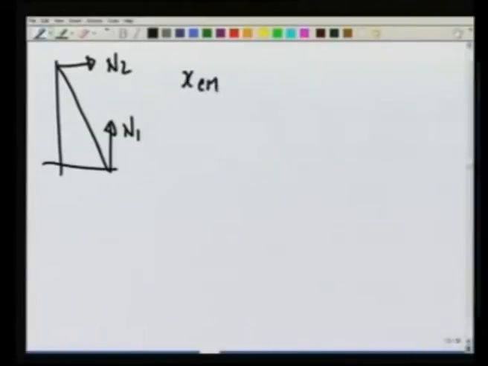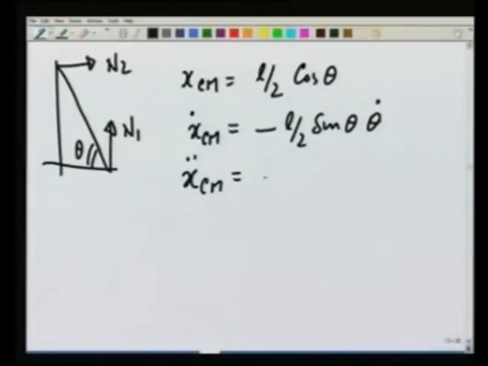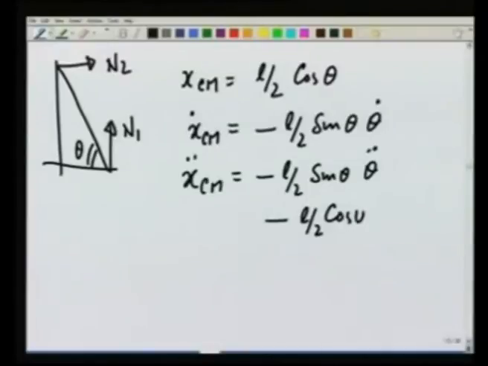X cm is equal to L over 2 cosine of theta, and therefore xcm dot is equal to minus L over 2 sine theta theta dot, and therefore xcm double dot is equal to minus L over 2 sine theta theta double dot minus L over 2 cosine theta theta dot square.